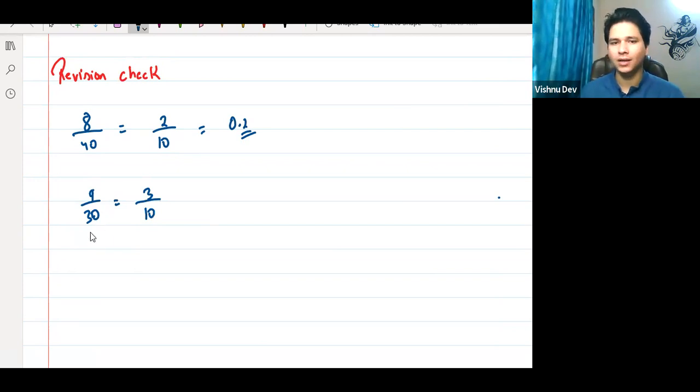If I had asked whether we can convert this into terminating form, and you had taken the denominator as 30, obviously 30 is not in the form of 2 to the power m and 5 to the power n, because there's a 3 also. But this 3 is actually getting cancelled by the 3 in the numerator.